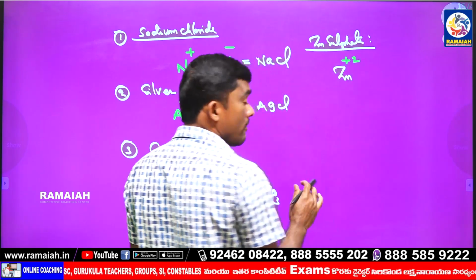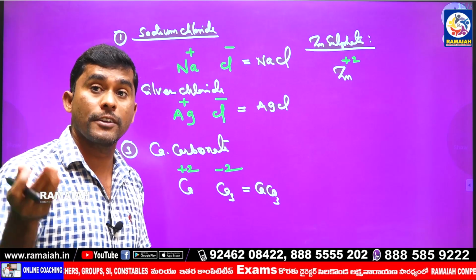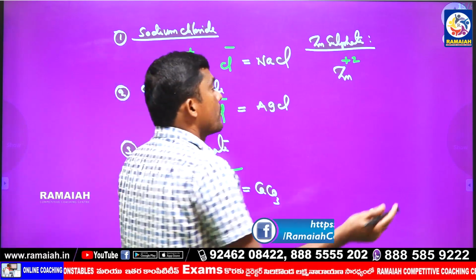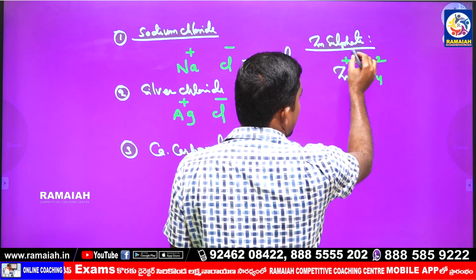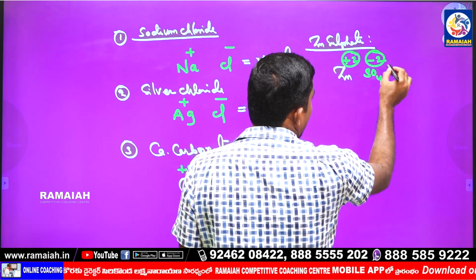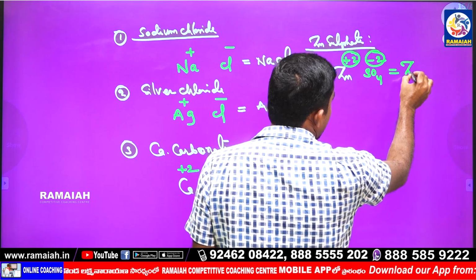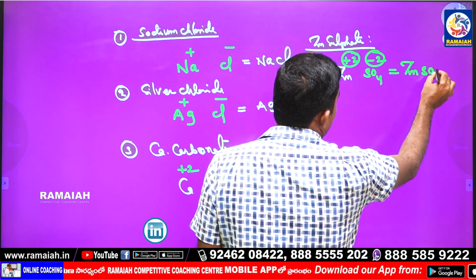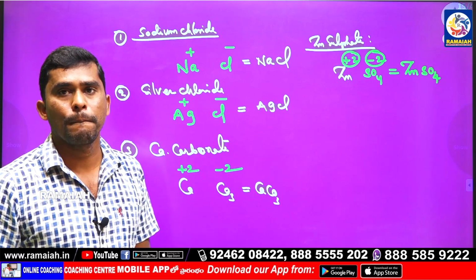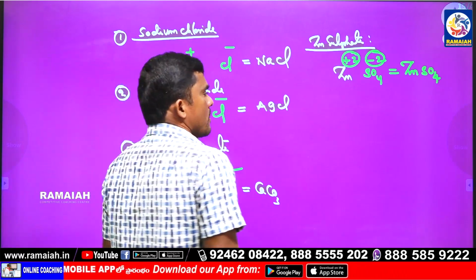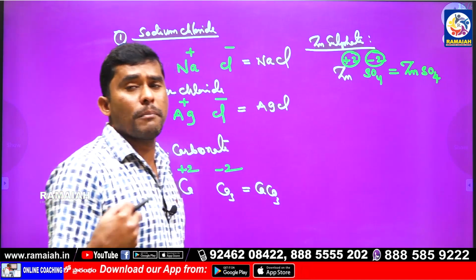Sulfate here, not sulfide. What is the formula of sulfate? SO4-2. Here the charges are equal, so the formula is ZnSO4. Okay. Next, for example, we write aluminium nitride.